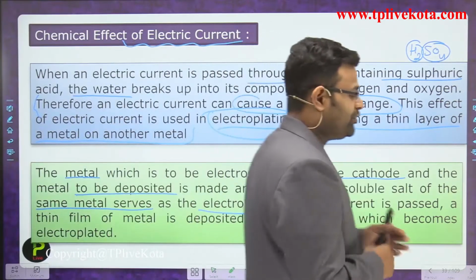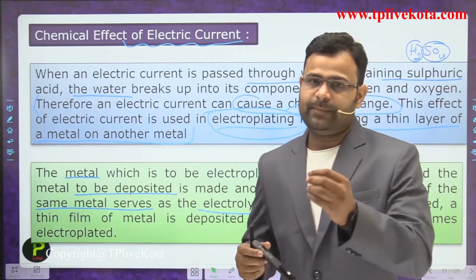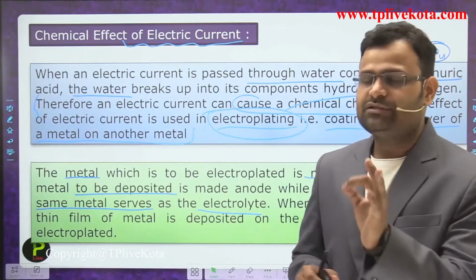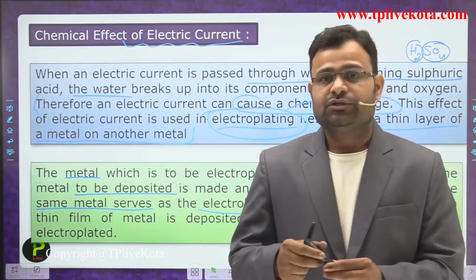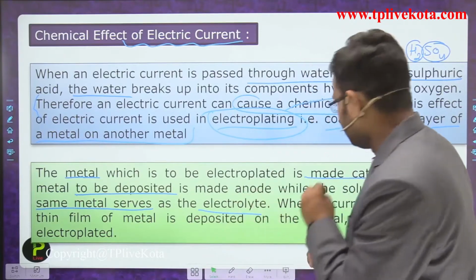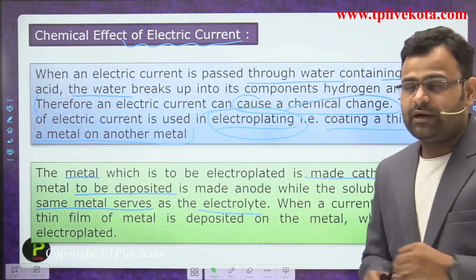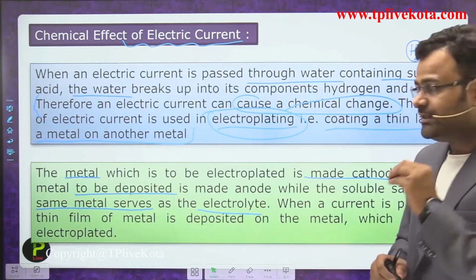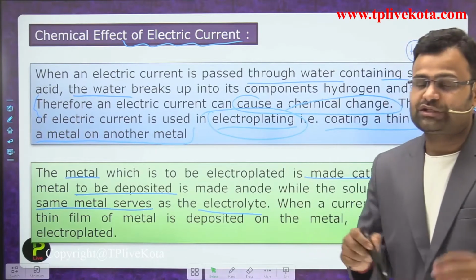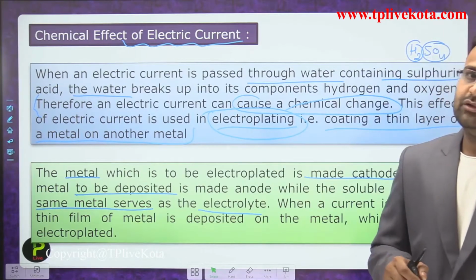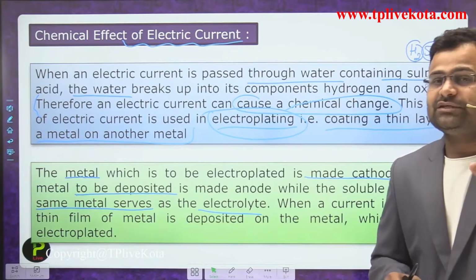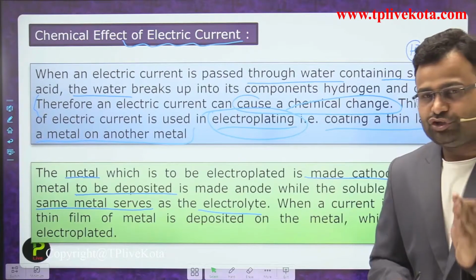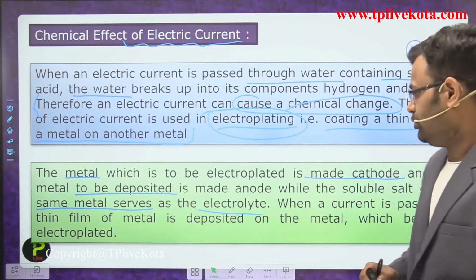Suppose we have a steel spoon, but we require a coating of copper. We connect one part to the cathode, that is the steel, and the other part to the anode, and the liquid used must contain copper also, such as a copper sulfate solution.